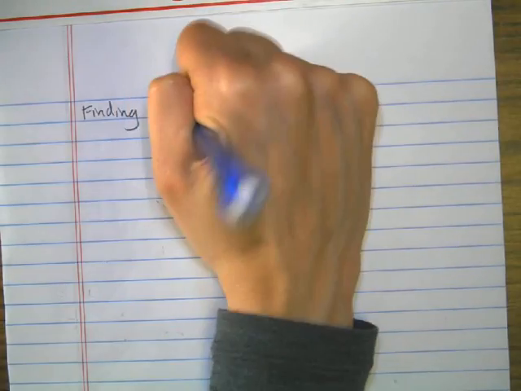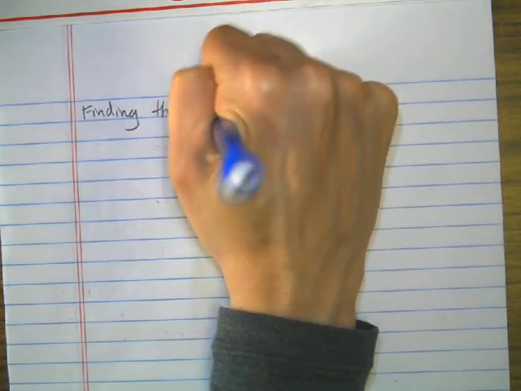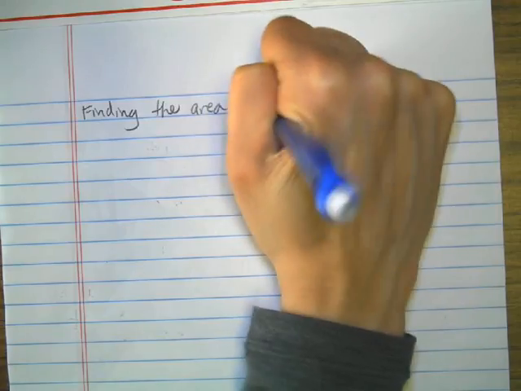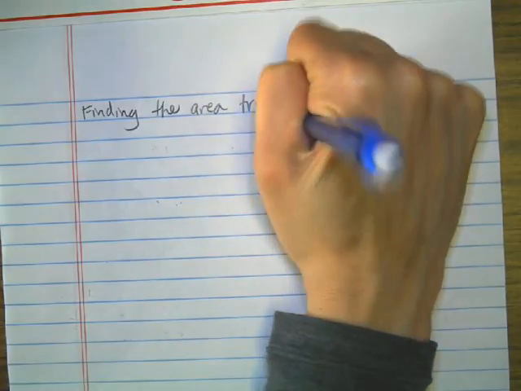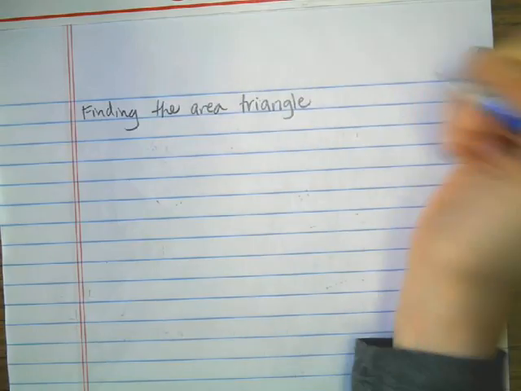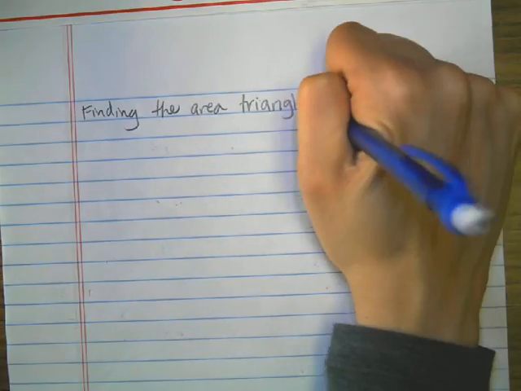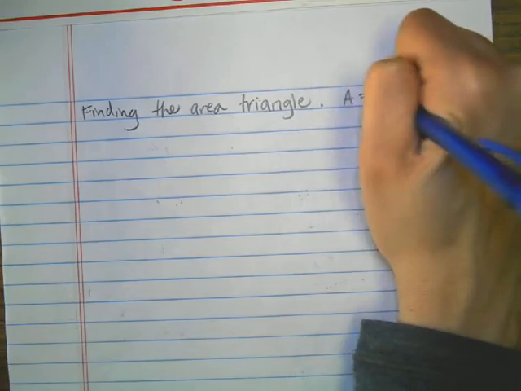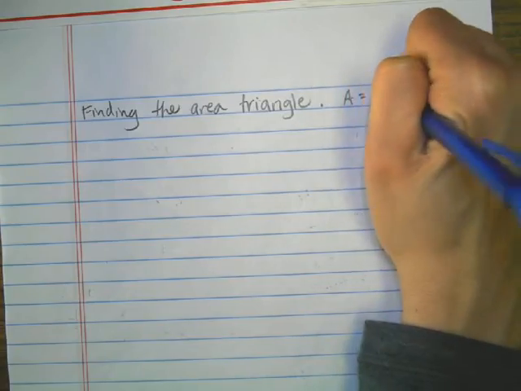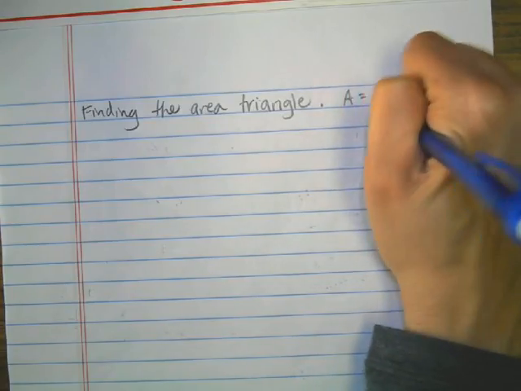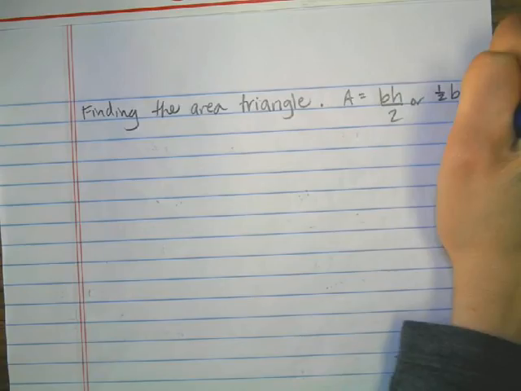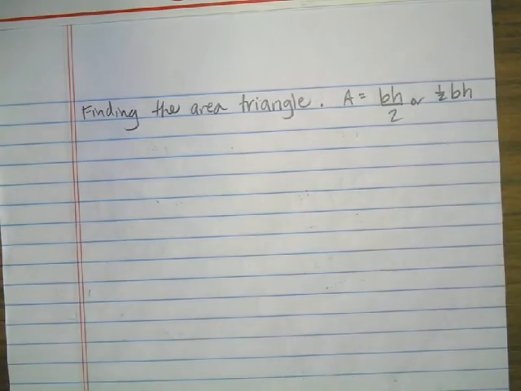Now, let's pretend we have a triangle. And this one's going to be an isosceles triangle, and let's say we have sides 5, 5, and the bottom side is 20.